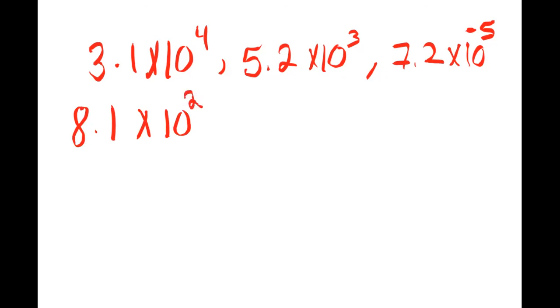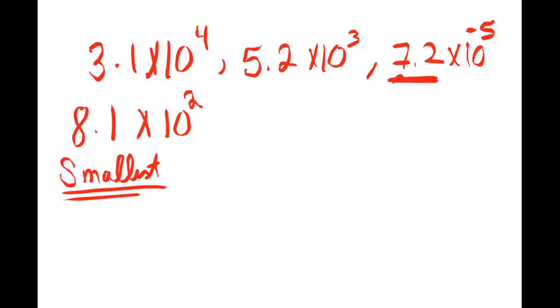If I ask you to put them from smallest to largest, I will look for the negative power. Always the negative power, it means a decimal. So even if I have this number is larger, but we have a negative power, we start by this number. So 7.2 times 10 power of negative 5.